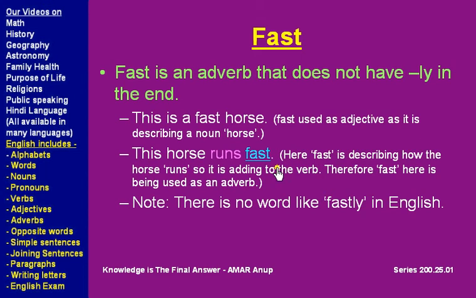Fast is one of those adverbs of manner that does not end in ly. There is no term like fastly. Some people by mistake speak or write fastly, and that's a wrong word. There is no word like fastly in English.